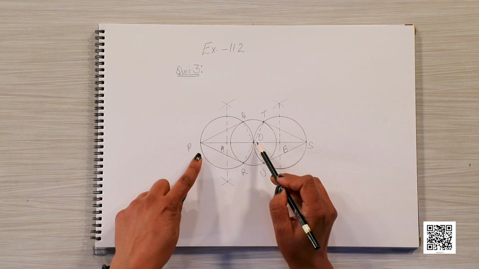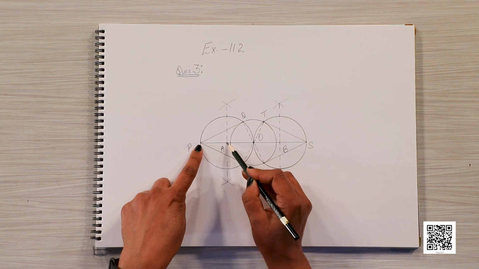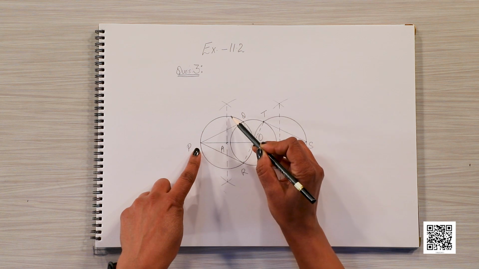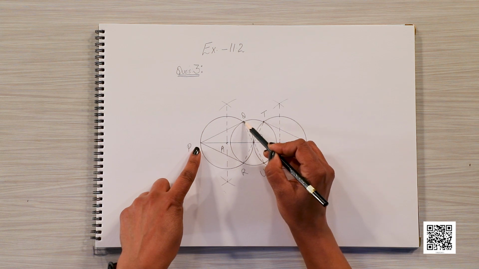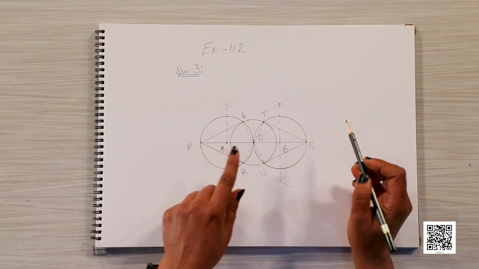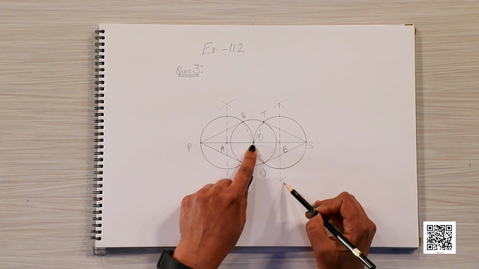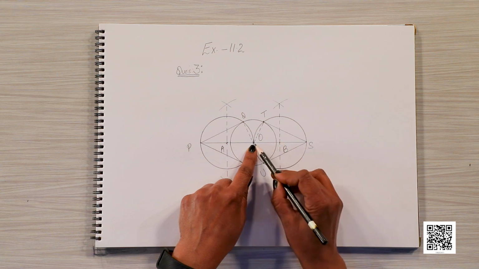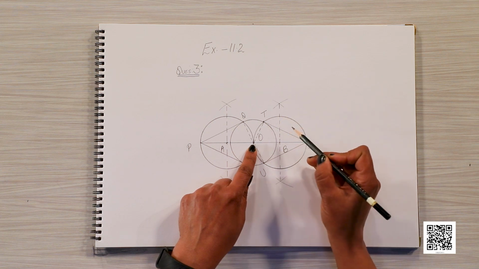For that, we will join OP, draw the perpendicular bisector of OP, get the midpoint of OP as A, from A as center and OA as radius, draw a second circle, find the intersection points of the first circle and second circle, you can name them Q and R. Then do the same with the second point S. Join OS, draw the perpendicular bisector, get midpoint B of OS, taking B as center and OB as radius, draw a circle, third circle C3 you can name it.